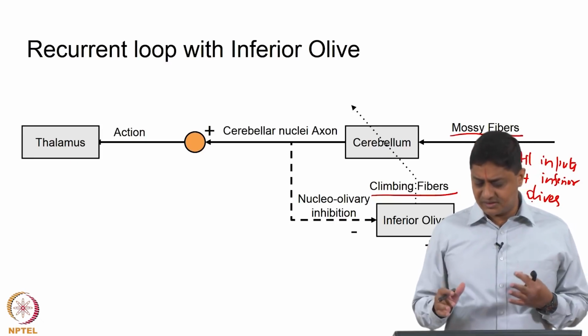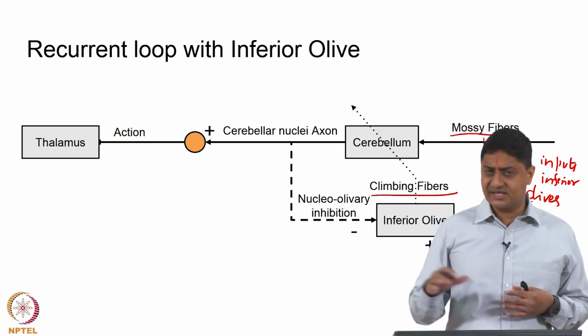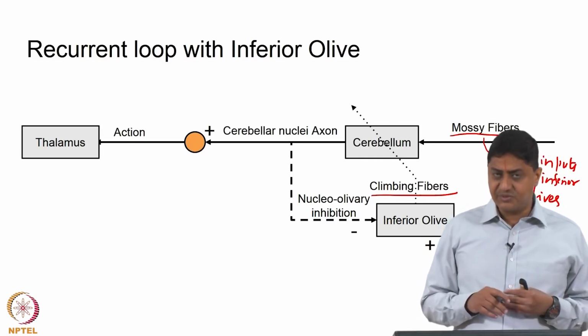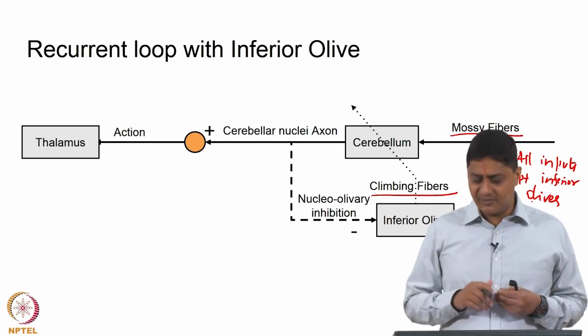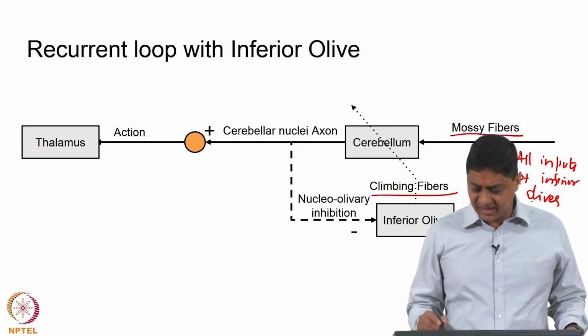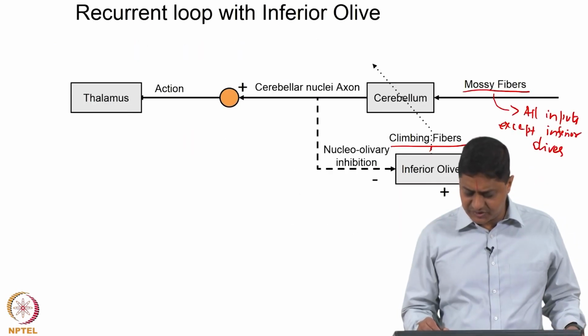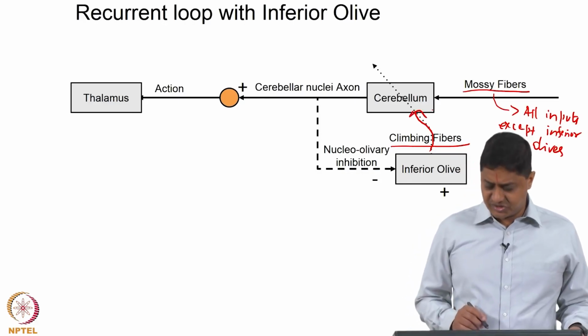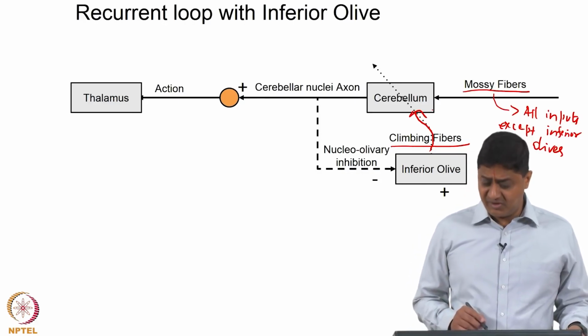We also saw that one climbing fiber can innervate up to 10 Purkinje cells, but a given Purkinje cell receives input from only one climbing fiber, right. So the climbing fiber is a very powerful source of information.